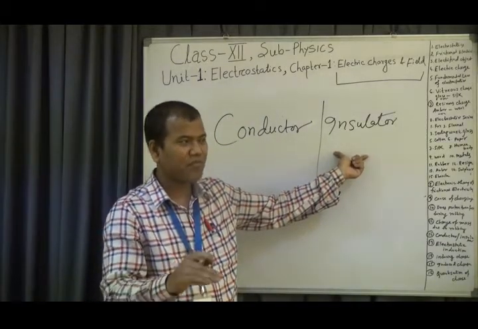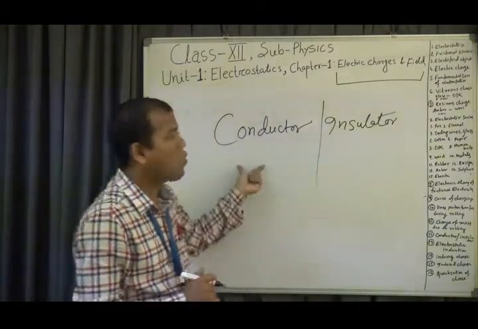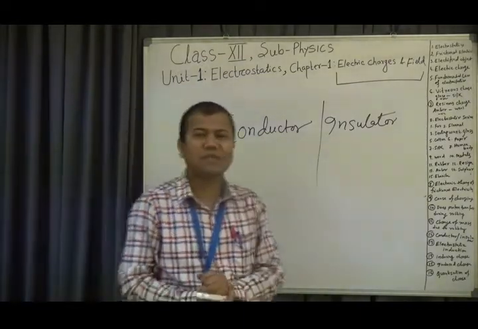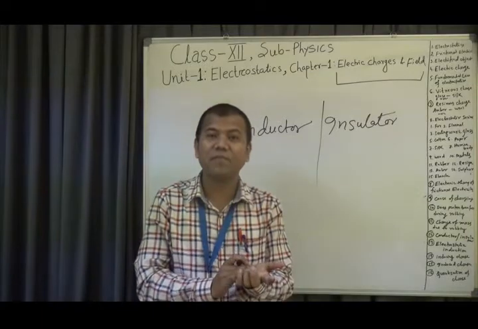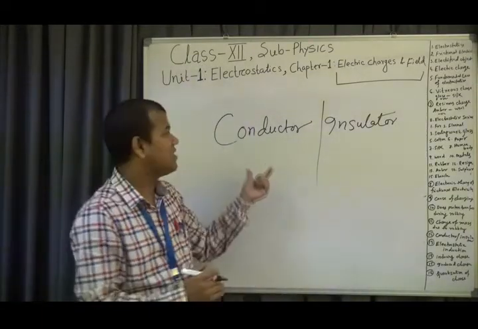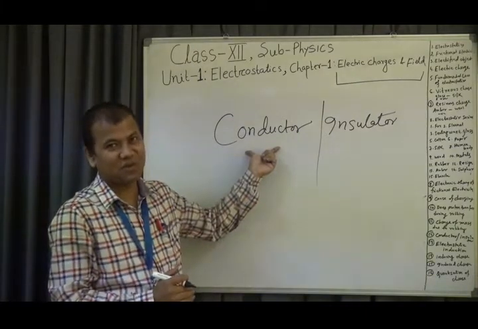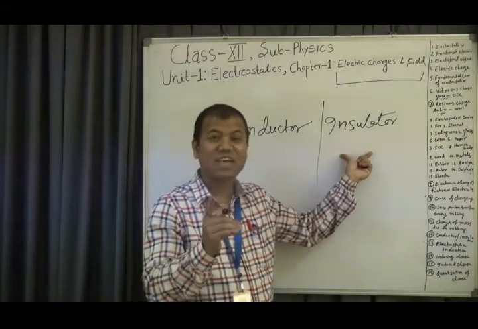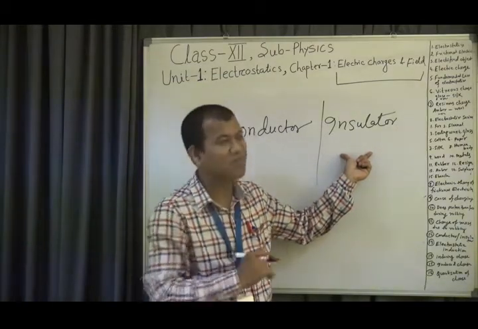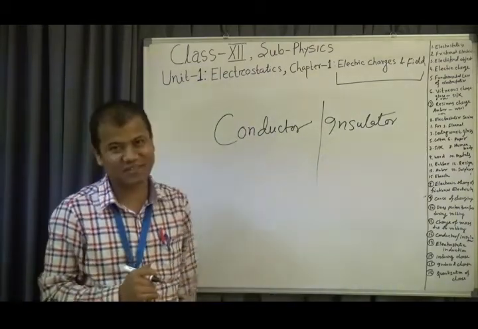That is the lower level concept. But what about the class 12 concept? Conductor means the objects having valence electrons in their outermost shells, they are said to be conductors. And the objects having no valence electrons in their outermost shell are said to be insulators.